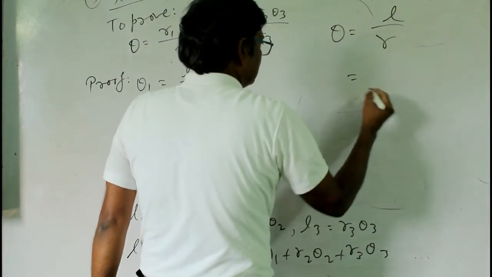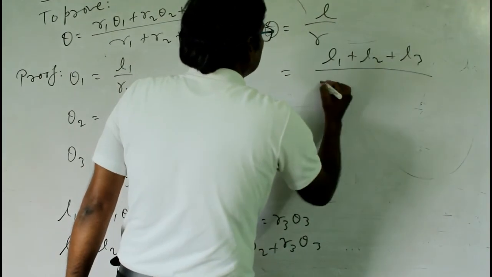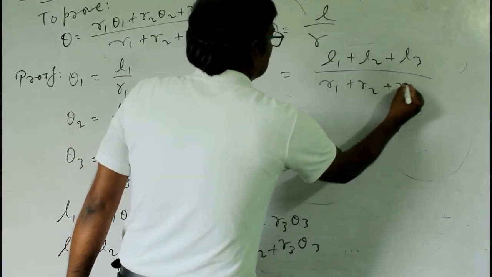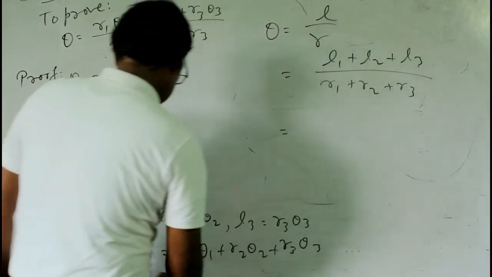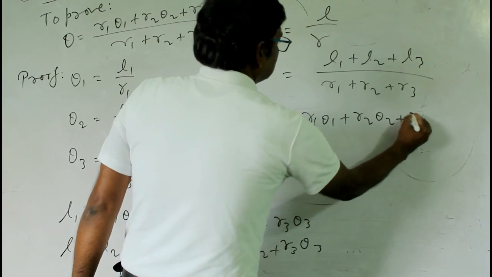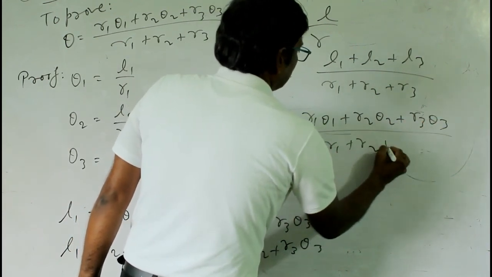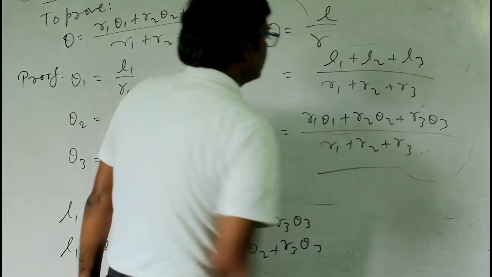What is your L? That is L1 plus L2 plus L3. And R is R1 plus R2 plus R3. We have found L1 plus L2 plus L3 as R1 theta 1 plus R2 theta 2 plus R3 theta 3, so theta equals R1 theta 1 plus R2 theta 2 plus R3 theta 3 by R1 plus R2 plus R3. So this is proved.